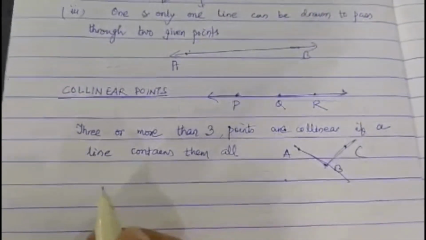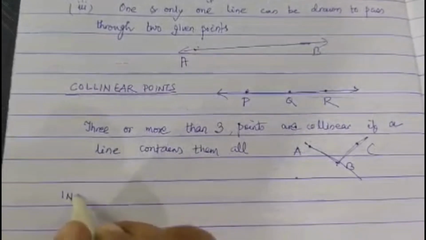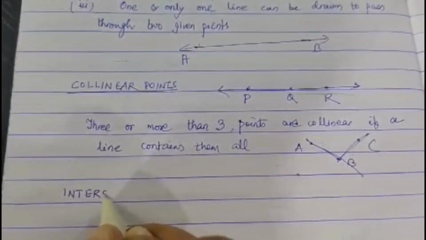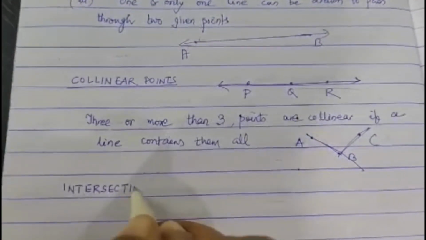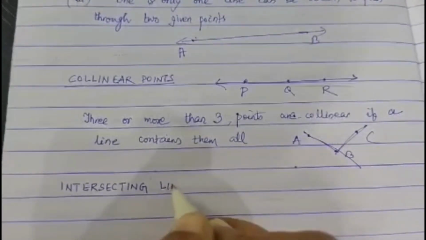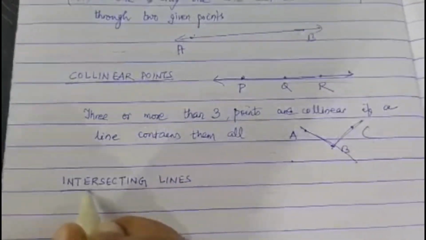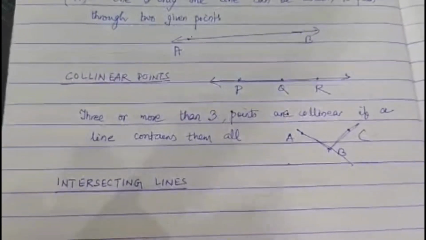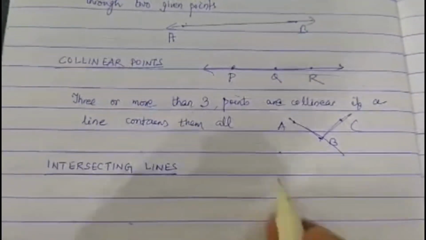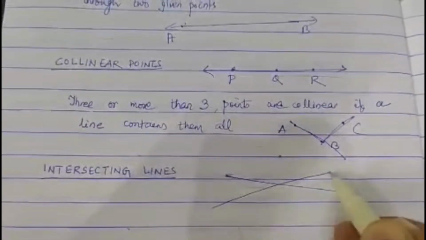Now let us come to intersecting lines. You may know all these things, but let's revise. Intersecting lines are 2 lines having a common point like this.